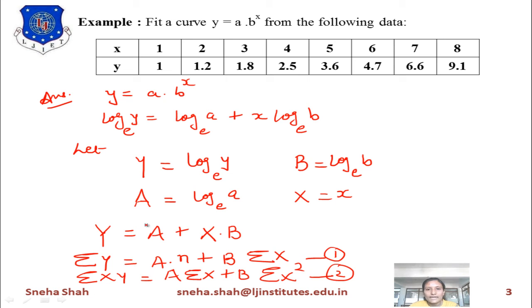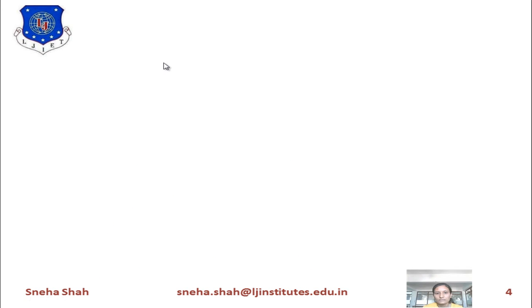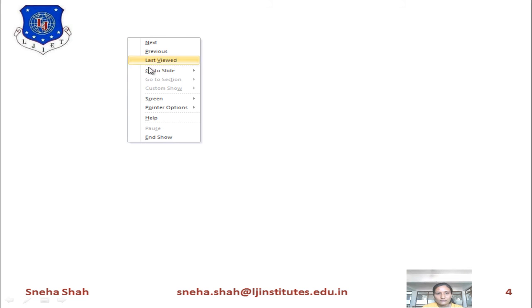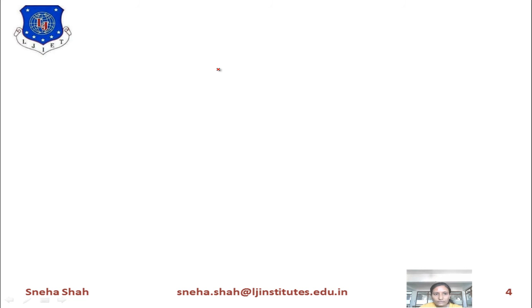To find these values of the summations, we start by making a table. We want to draw one table of values of x, values of y, values of capital X, capital Y, x square and xy.